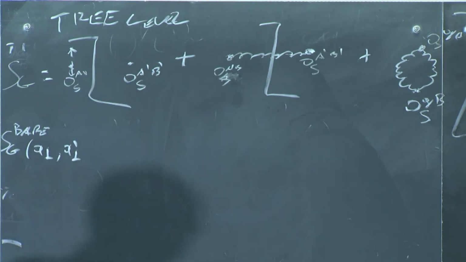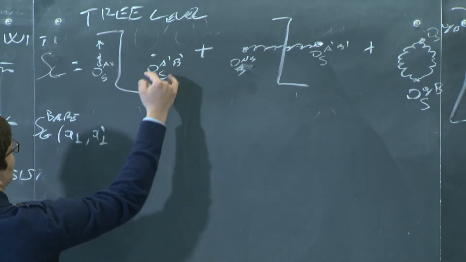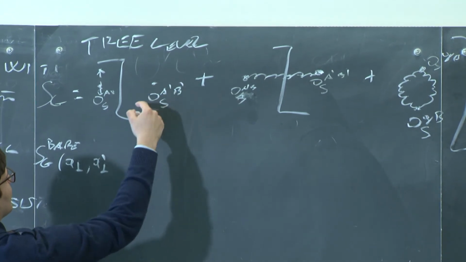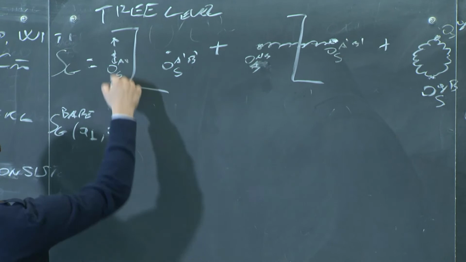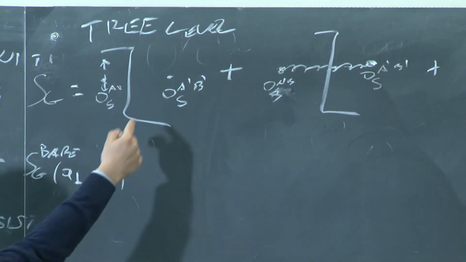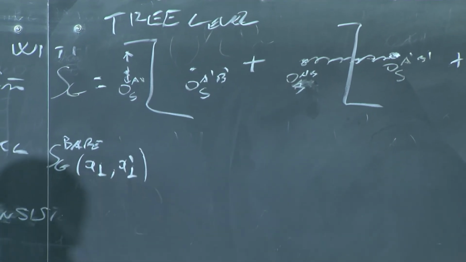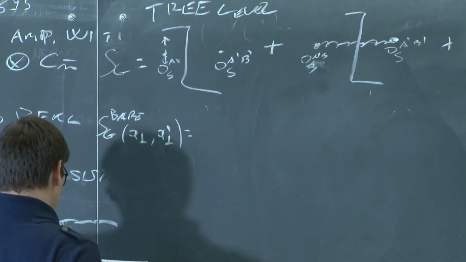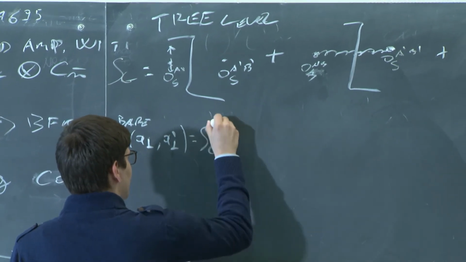And at this order, there is a delta function between both the colors, because we're in a color singlet state, and in the momenta. So actually, Q perp and Q perp prime here are the same as, let's say, Q perp second and Q perp fourth in the other direction. So basically, the S_G depends only on these two variables. And so this is actually equal to the tree-level one, so S_G^(0).